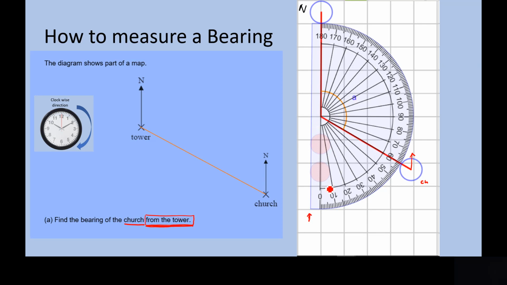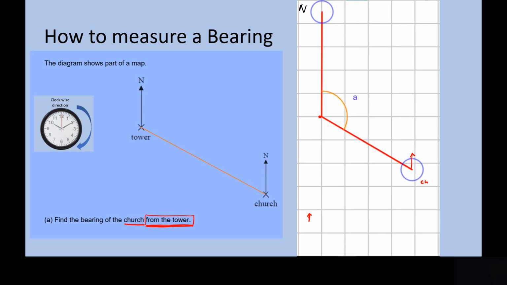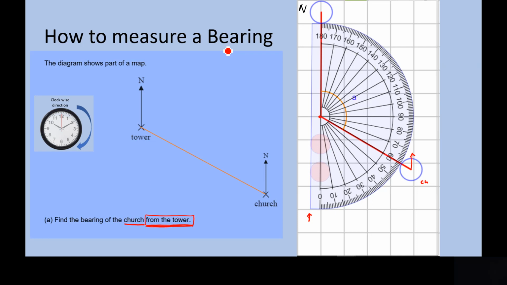The part that we are particularly interested in is that first definite line that goes up through here. And this point here is our central point. So if I go backwards a step, where I've drawn a little dot there is exactly where we put the center of our protractor. Okay, and it's really important that it sits neatly on the joint of both of those lines.